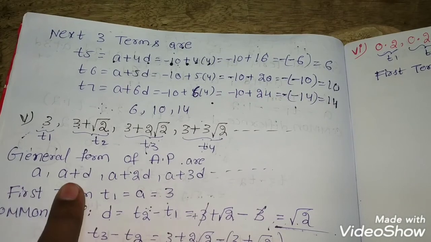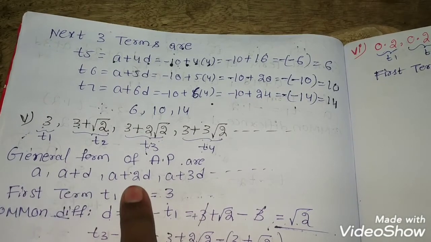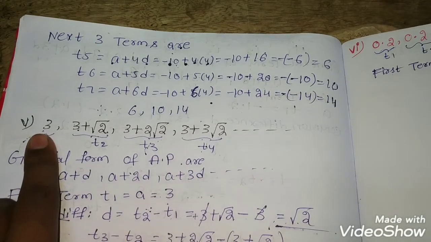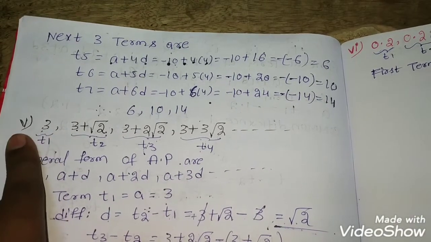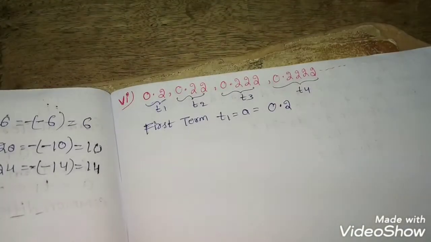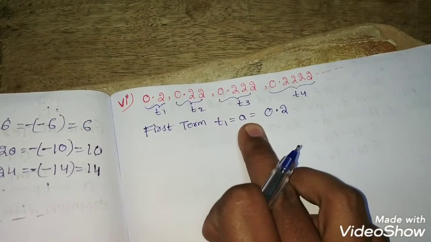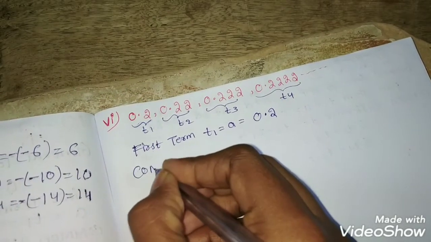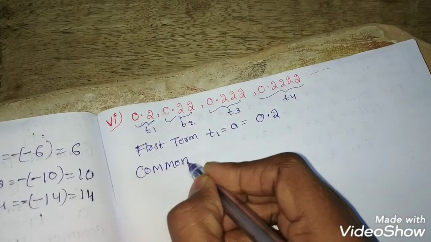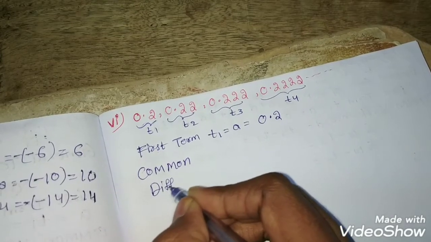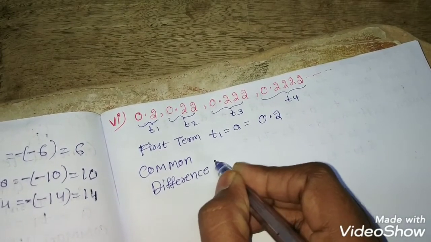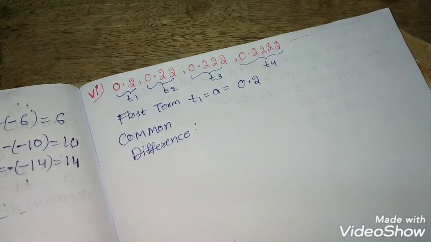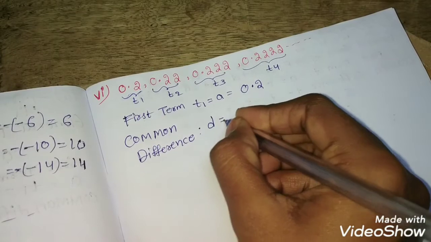A is the first term, a plus d is the second term, then the third and fourth terms. Let's check the common difference. If you get the same result for the common difference, then it is an arithmetic progression. Otherwise, no.